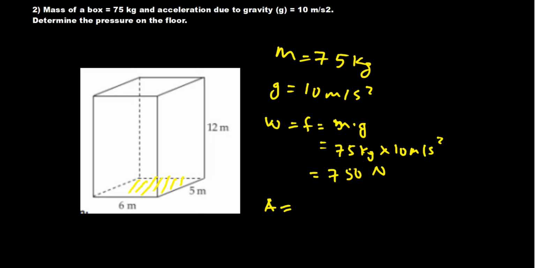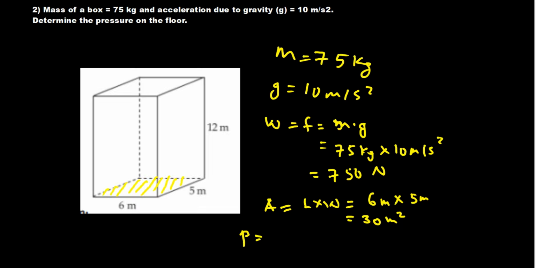So pressure here, we are still missing the area. As we can see from the box, this is the very side of this box that is in contact with the surface. So area will be equal to length times width, which is 6 meter times 5 meter, equal to 30 meter square.